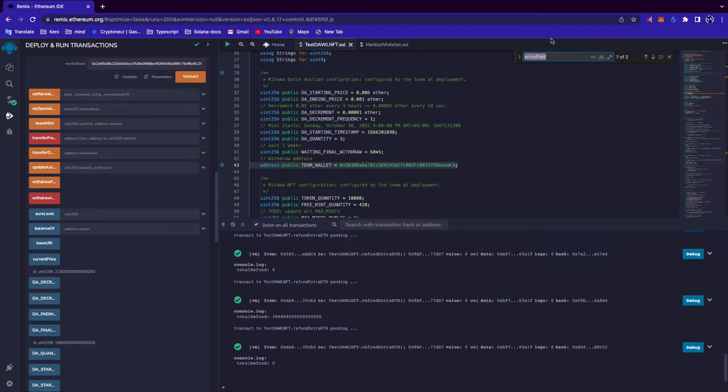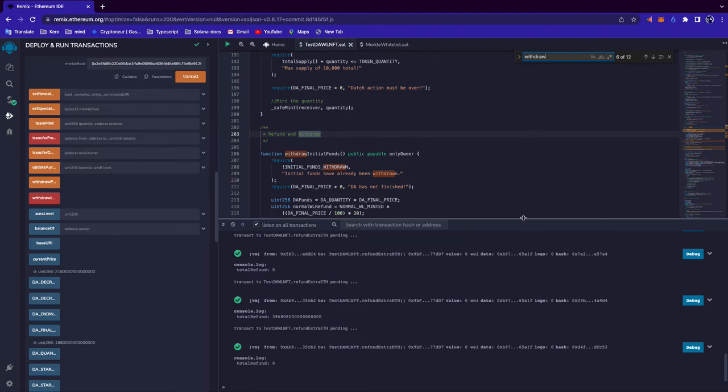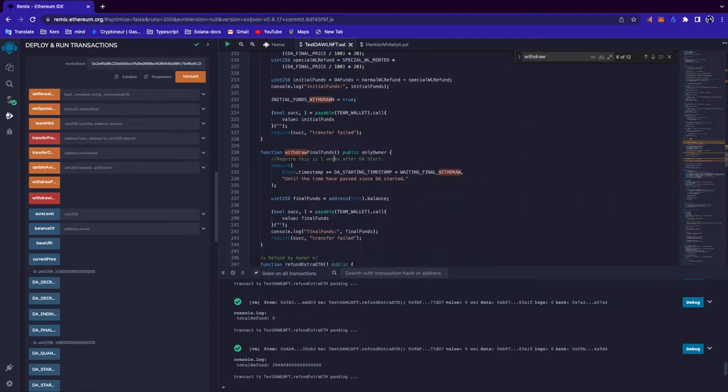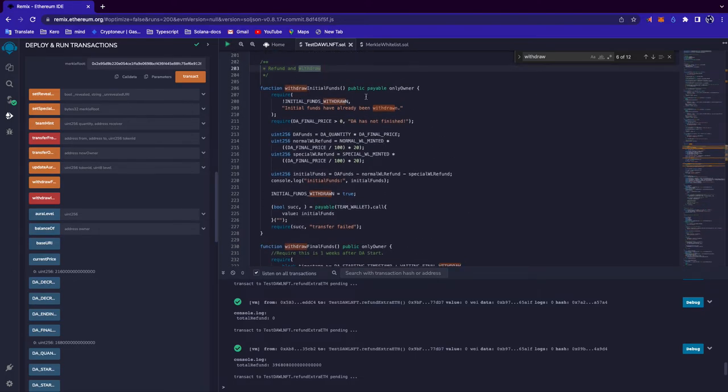We have two withdraw functions here. The first one is withdraw initial funds. The second one is withdraw final funds. Just after the minting period ends, we can do the initial funds withdrawal. Initial funds is basically the remaining amount except the amount which we need to refund to all investors. After calculating that amount, it is sent to the team wallet address.